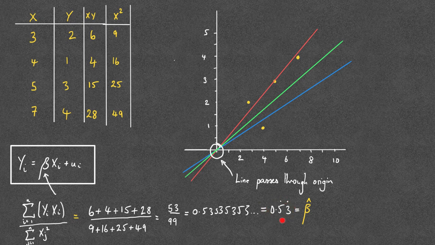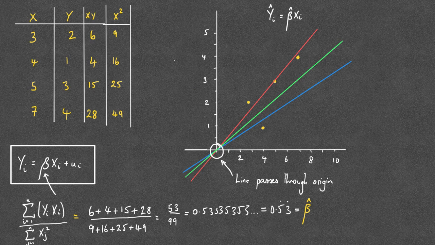This estimated relationship suggests that when x increases by 1, y would be expected to increase by 0.53 recurring. So our estimated relationship, yi hat, is equal to beta hat xi.